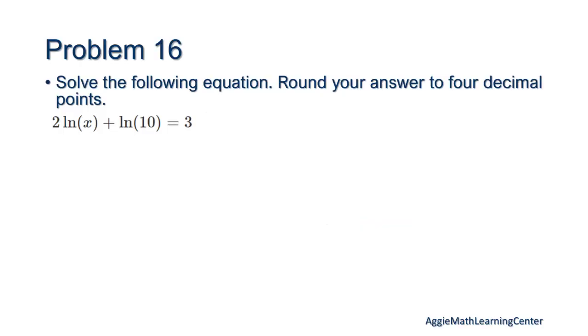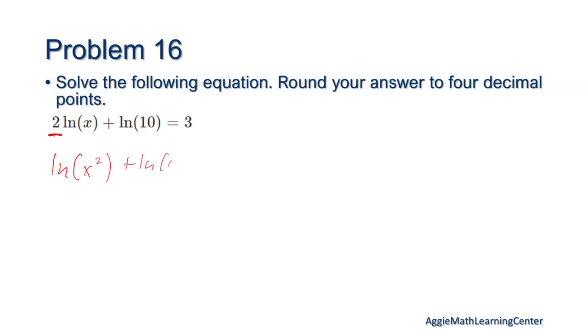There are a lot of properties that logs have. You'll see 2 of them here. If you have a constant multiplied by a natural log, you can raise whatever is inside the log to that power. So this 2 times ln of x will become ln x squared.